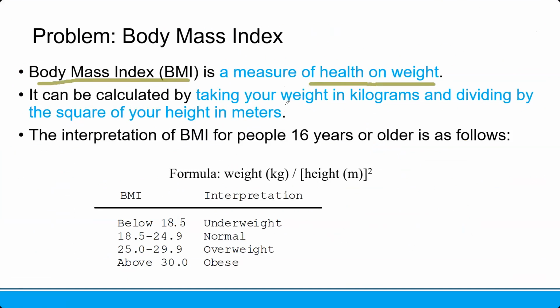We can calculate from the weight and the height from somebody into a kind of numbers. So we want to take again this input, the weight and the height, but let's say now I'm going to get the input using the kilogram, weight in kilogram, and dividing by the square of the height in meters.